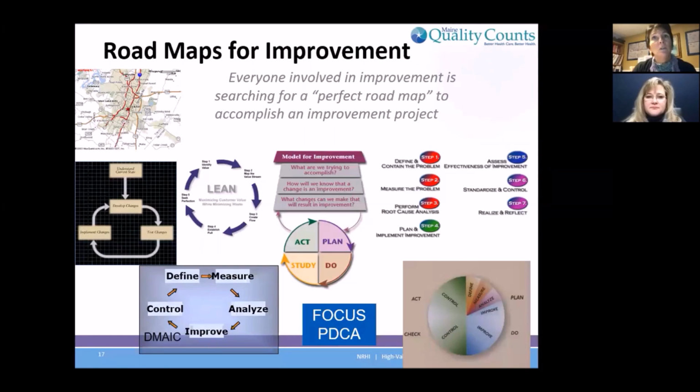Now on the slide, there are lots of roadmaps for improvement. There are lots of ways to do this. And I think everyone's looking for that perfect roadmap. And I will say to you, I don't think there is a perfect roadmap. I think we have preferences. Everybody has preferences. And here's a bunch of them that I've seen, and perhaps you all have as well.